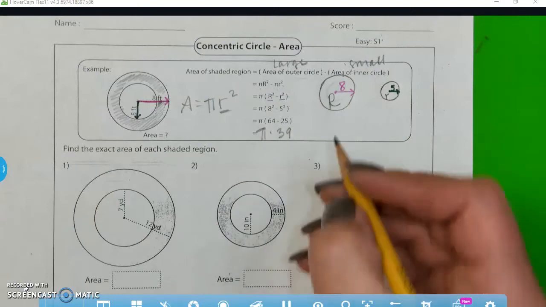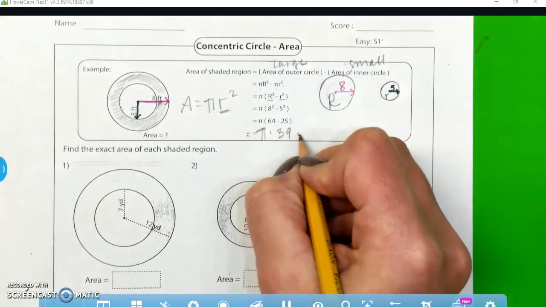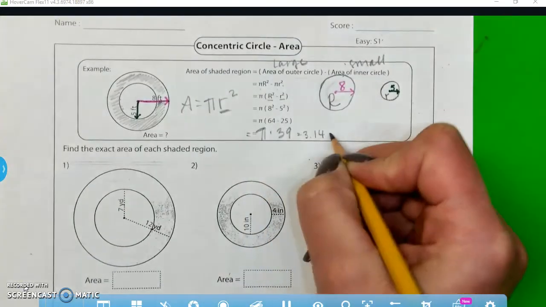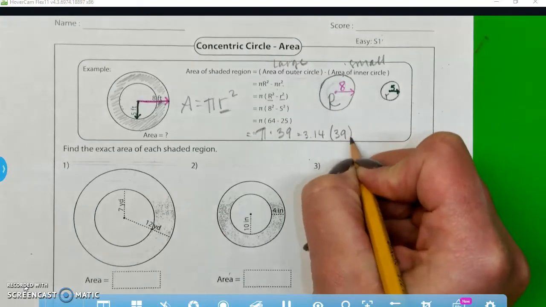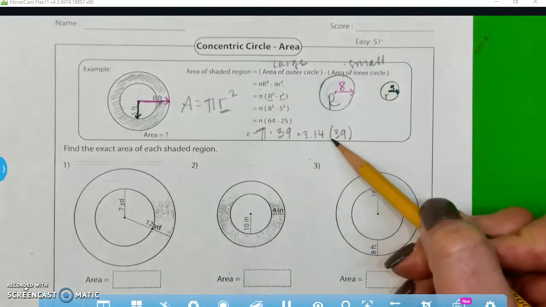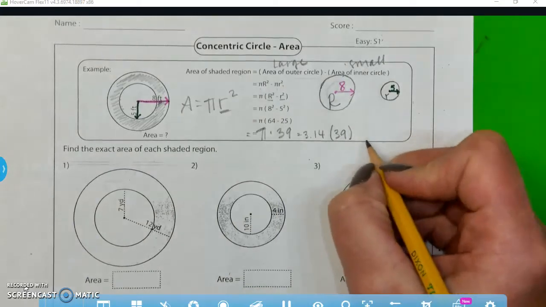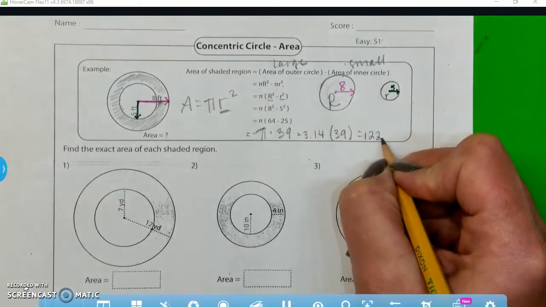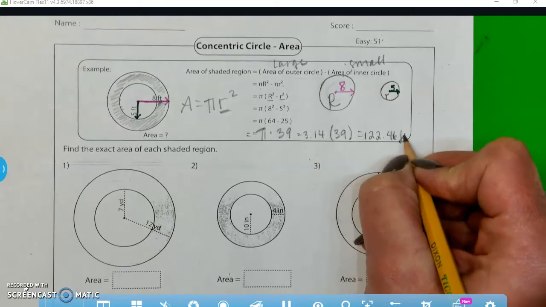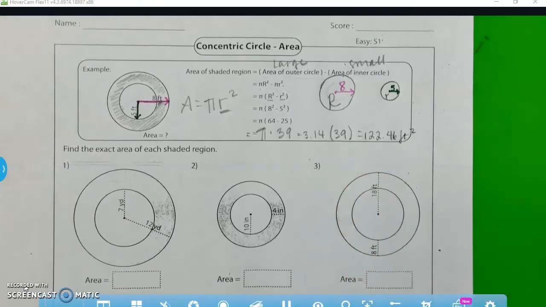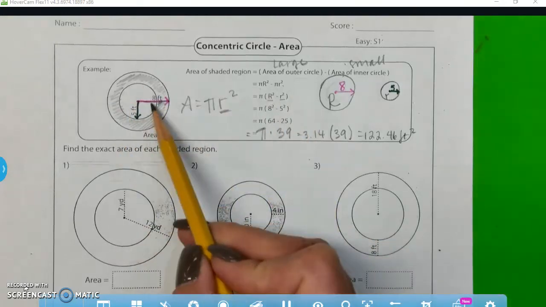So this calculation of the true area will happen only one time, and that will give us 122.46 square feet.